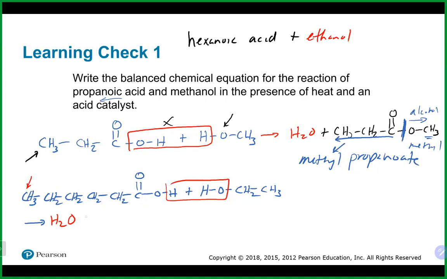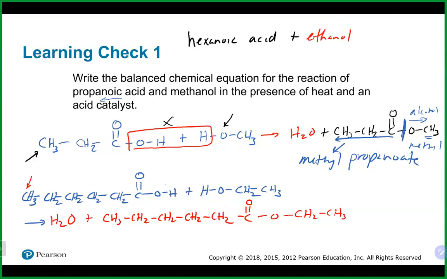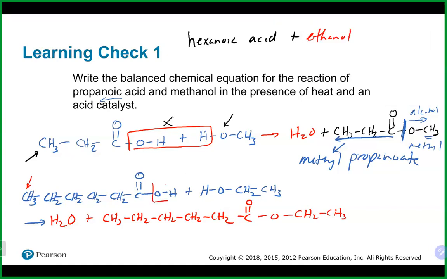So if I did that, we would have CH3, CH2, CH2, CH2, CH2, carbon oxygen double bond. Now going to my oxygen to my CH2, CH3 in this case. And again, you can obviously put the box around the other way like we did before, however you want to do it. As long as you take out water, you'll be in good shape.